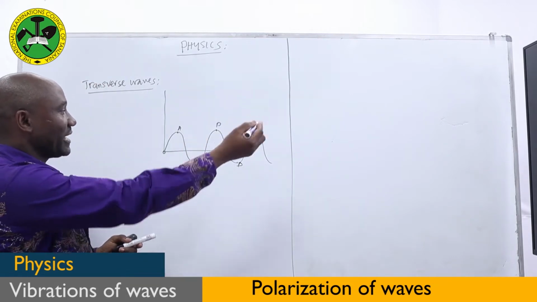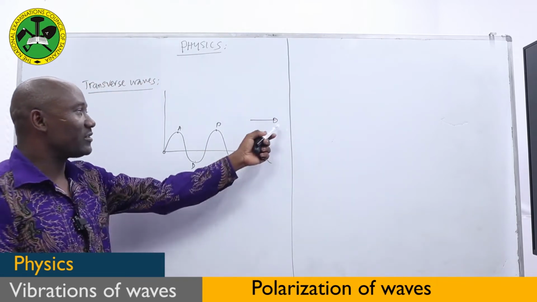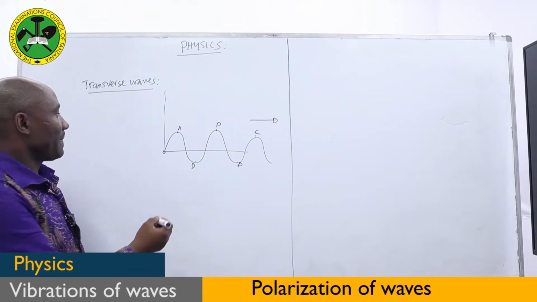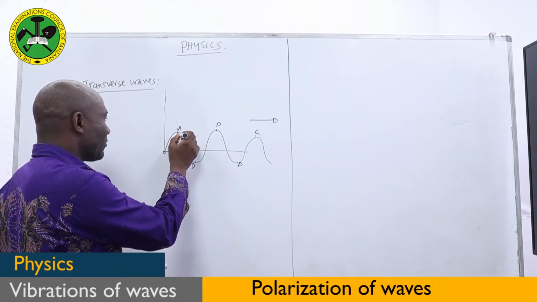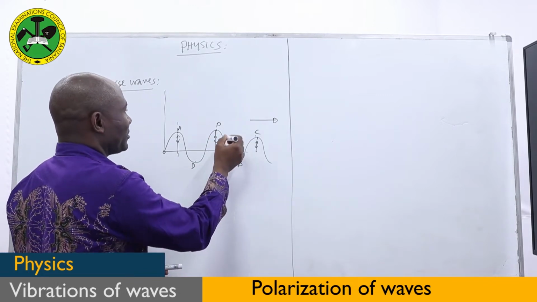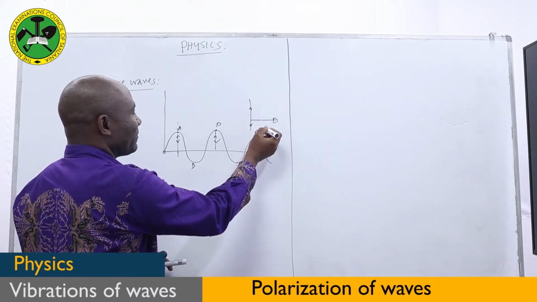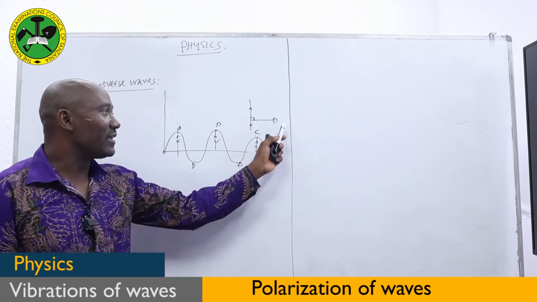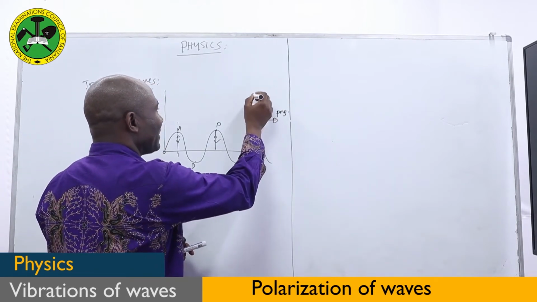When the wave is moving like that, this is the direction of the wave in which it flows. But the particles are moving up and down, up and down, up and down. This is the propagation of the waves, and these are the particles.